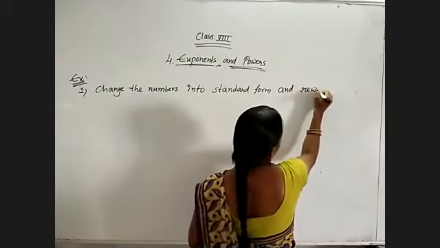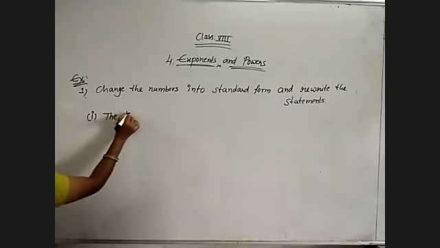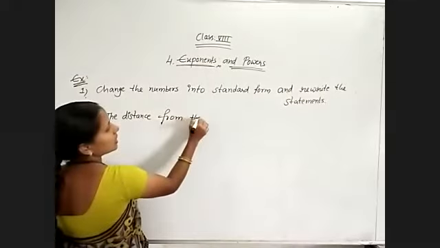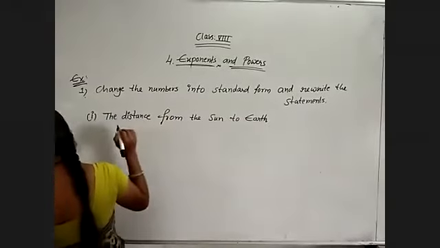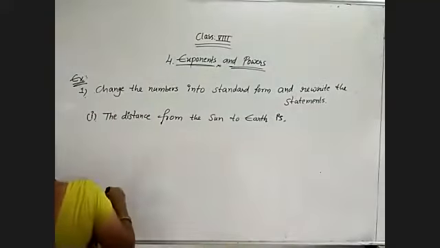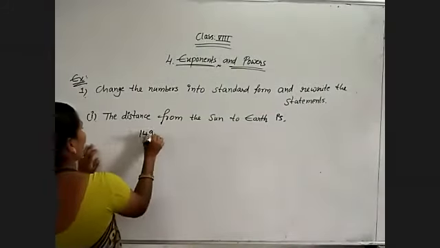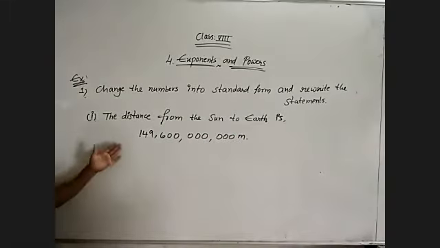And my first statement is given by: the distance from the sun to earth is 149,600,000,000 meters given. This is my first question, so I will explain one by one.